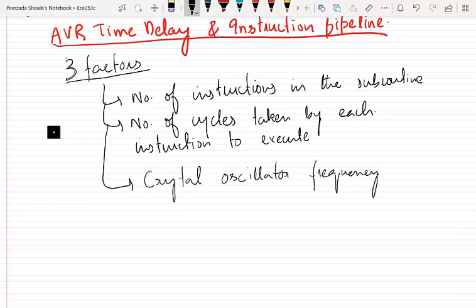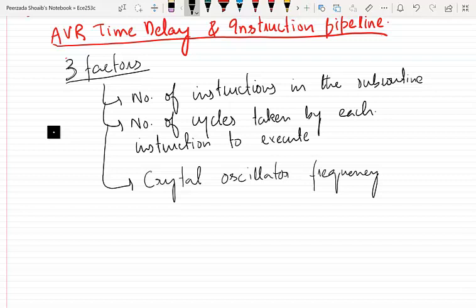You should remember that each microcontroller needs a crystal oscillator to be connected externally to particular pins of the microcontroller, and that's used for timing signals. That actually decides the duration of the machine cycle, and thus decides the amount of time taken by each instruction to execute.